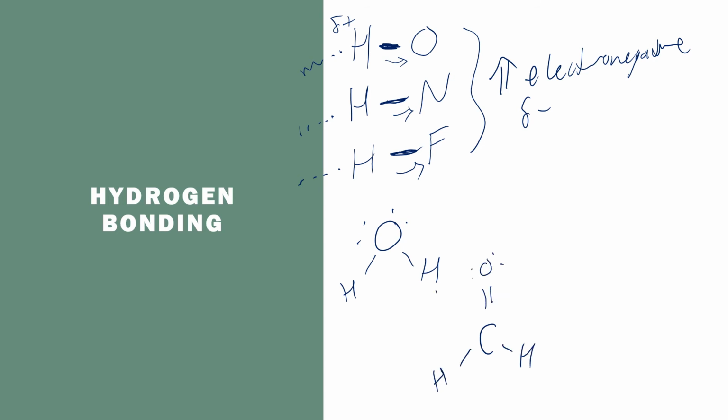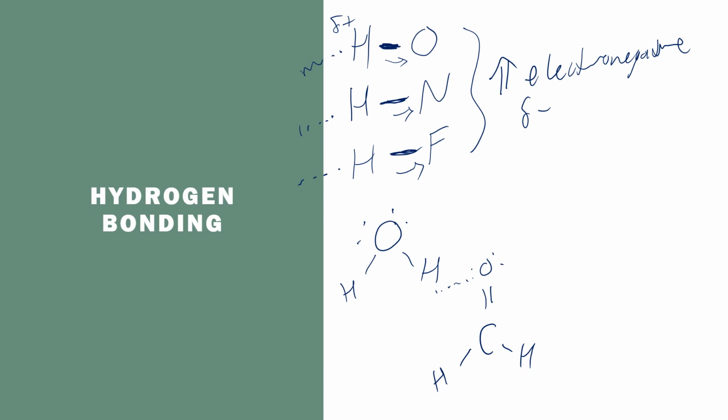That hydrogen could form a hydrogen bond to the lone pair on the oxygen in formaldehyde. But these hydrogens cannot form hydrogen bonds because they're not directly attached to oxygen, nitrogen, or fluorine.